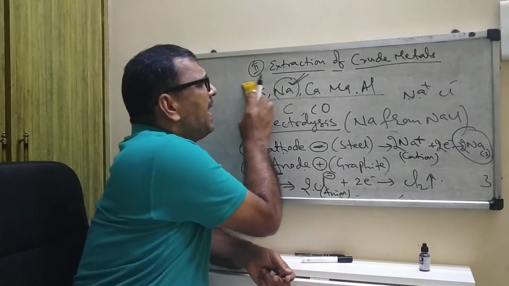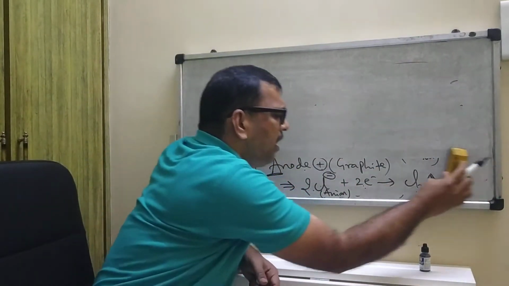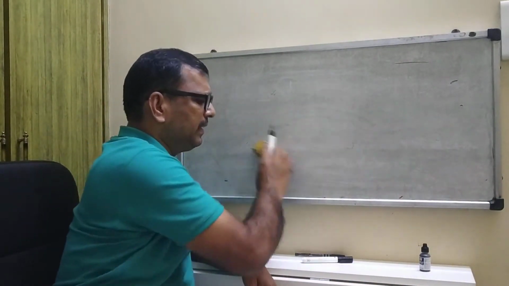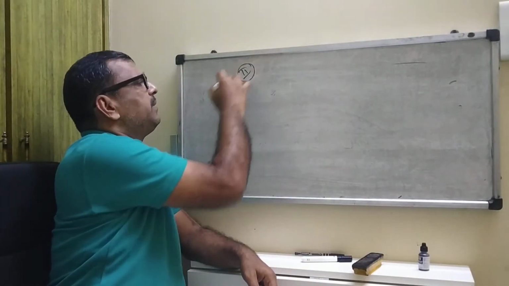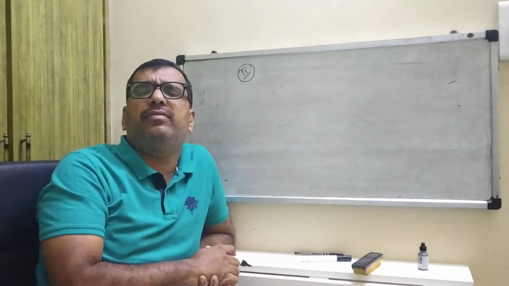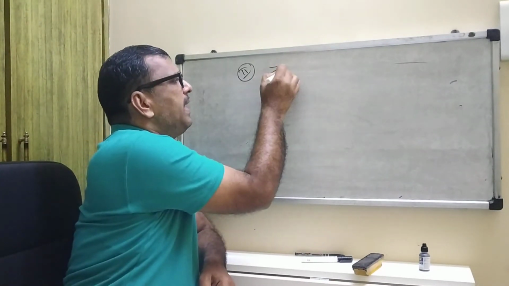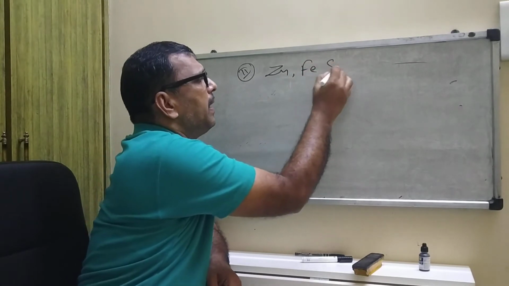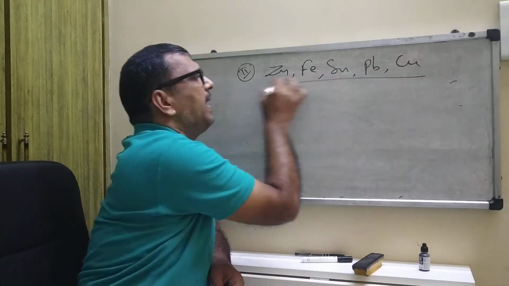Next, in the extraction of crude metals, we come to the middle of the activity series. Suppose you take zinc, iron, tin, lead, copper, from the middle of the activity series.